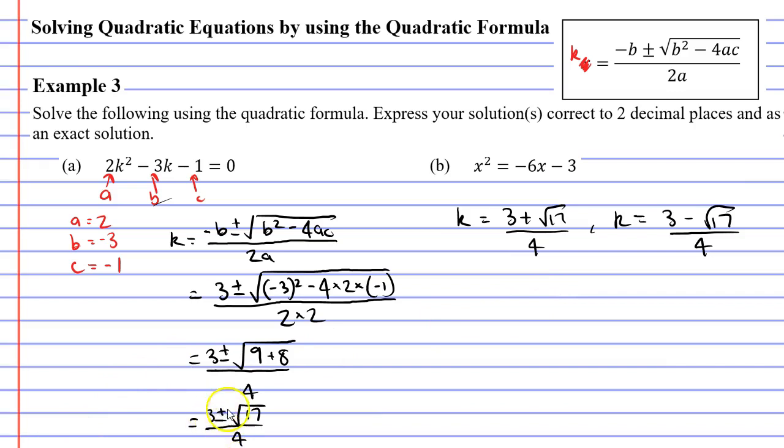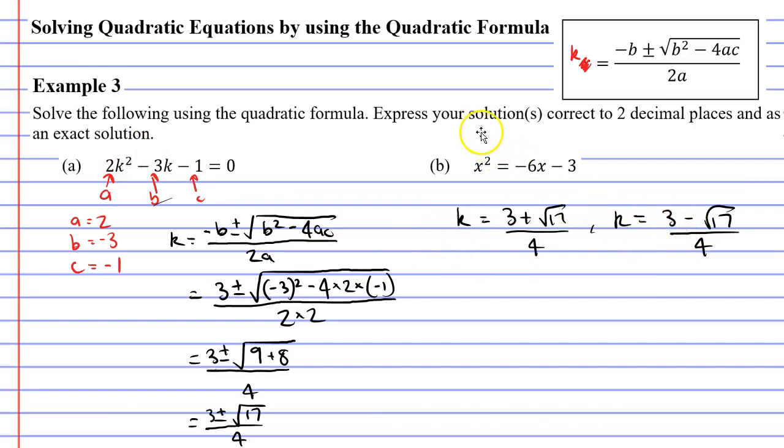So the reason we have this plus and minus is to represent our two solutions, one where we're plussing and one where we're minusing. Now these are called exact solutions. You'll notice that we are asked to express our solutions correct to 2 decimal places and as an exact solution. So we've represented them as exact solutions.